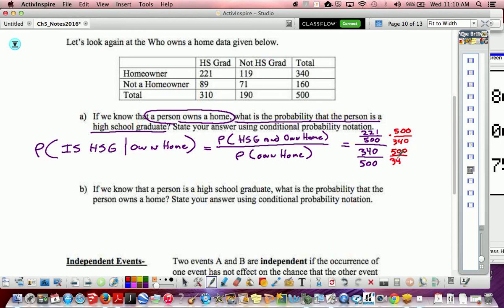When you do that, what happens to the bottom? It cancels out or becomes 1. Anything divided by 1 is now just the top. Anything else simplify here? Any factors cancel out? I thought I heard someone say it. The 500s. So you're left with 221 out of 340.